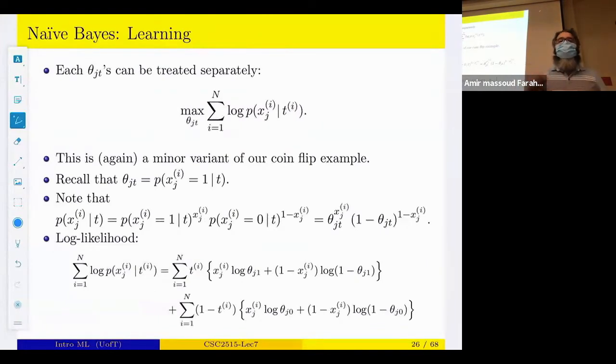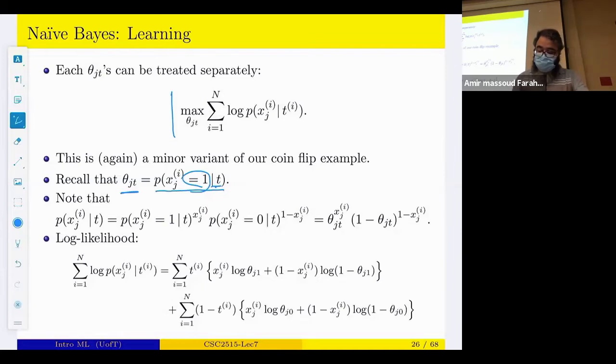So now we can do the same thing for each of the theta j's: the probability of xj, the jth dimension of x, conditioned on t. And t can be either 0 or 1. So it is essentially the same. We recall that we use theta jt to denote the probability of xj being 1, conditioned on t.